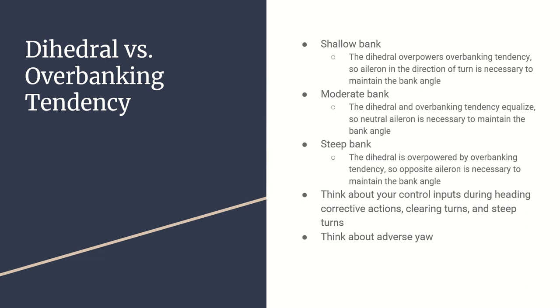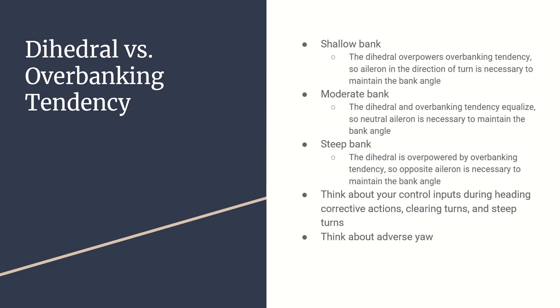It can happen at any stage of the turn depending on the relationship between the dihedral design and the overbanking tendency. If we think about shallow bank during corrective actions, we're keeping the ailerons in the direction of turn, so we're going to have adverse yaw acting in the opposite direction, which means we will also need rudder in the direction of turn.